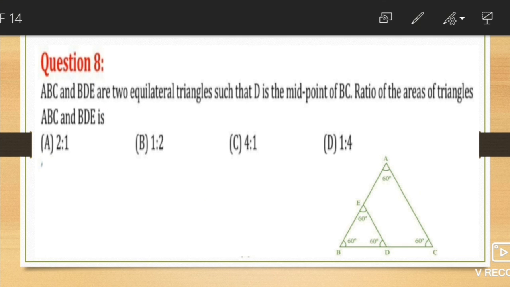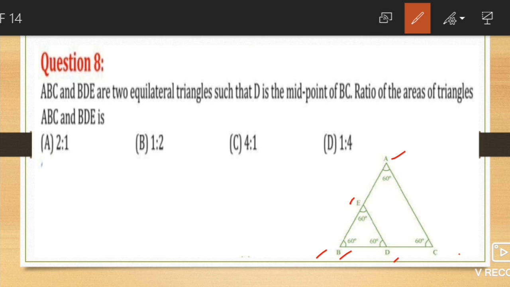Now question number 8. Triangle ABC and triangle BDE, this triangle, are equilateral triangles such that D is the midpoint of BC.